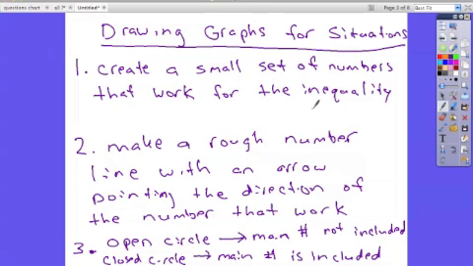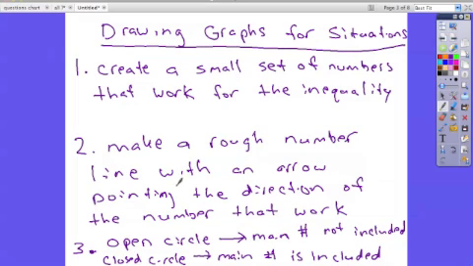The first thing I always like to do, and a lot of people don't like to do this, but I think it really helps to visualize, is create a small set of numbers that work with the inequality, meaning that make it true. I usually come up with about 3 or 4 numbers that make it true, because it makes it easier to graph and write it, since I know what kind of numbers I'm looking for.